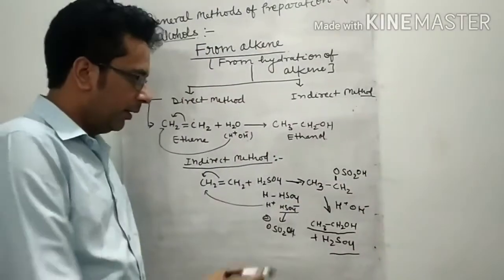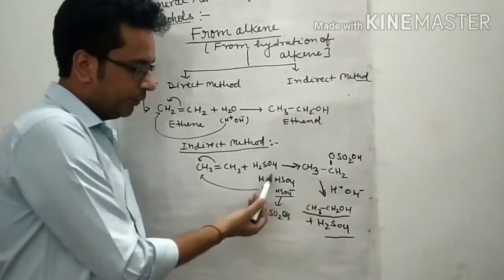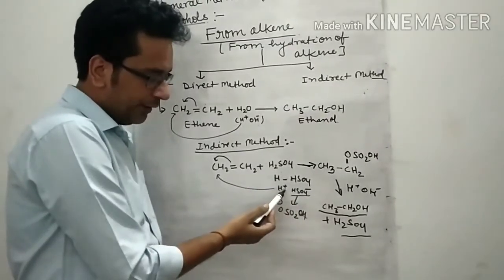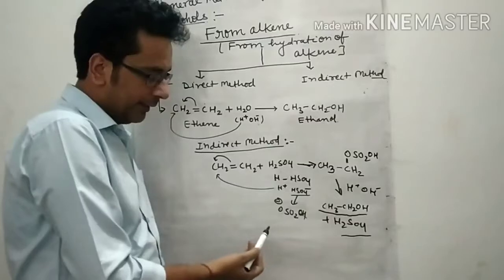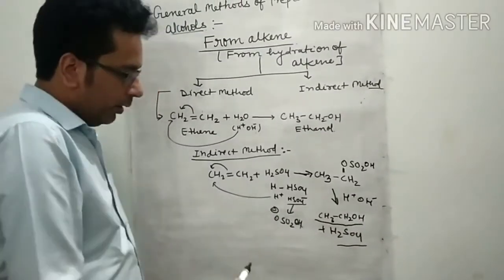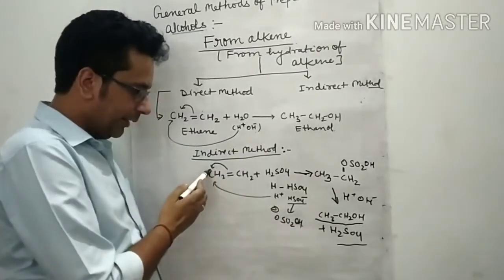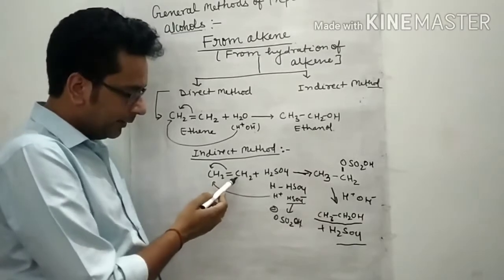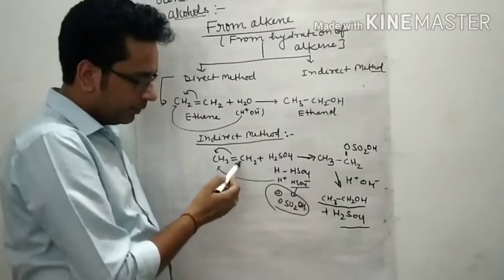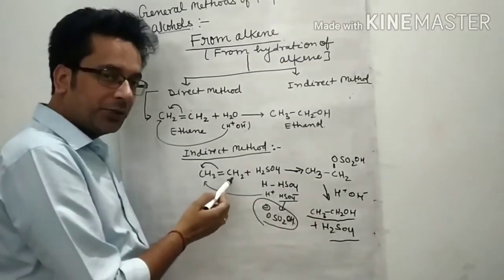H2SO4 can also be written as HSO4, which dissociates into H plus and HSO4 minus, and it can also be written as OSO2OH. In the reaction, when the bond dissociates on this side, this group attaches with this carbon because this carbon acquired a positive charge.